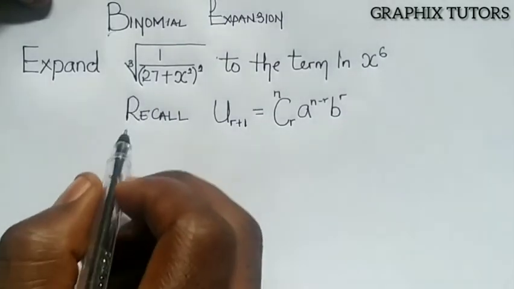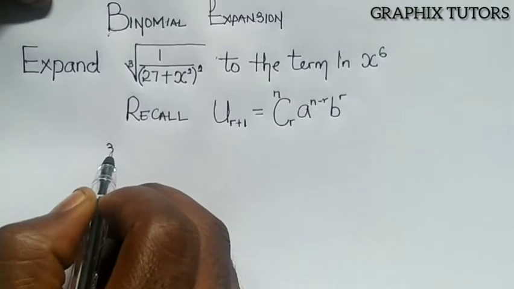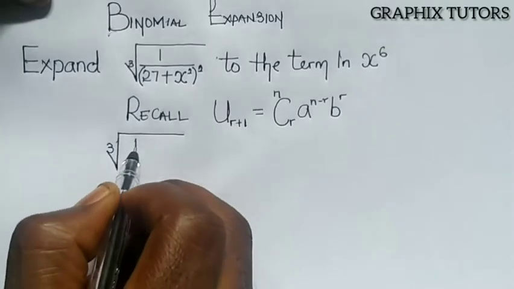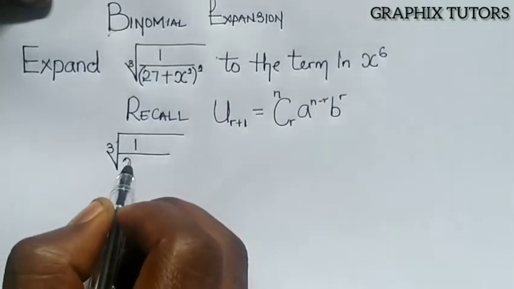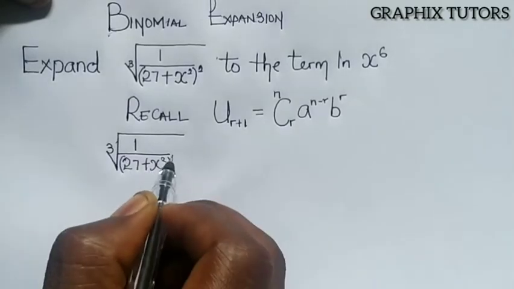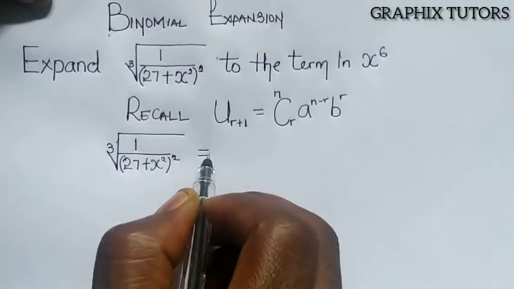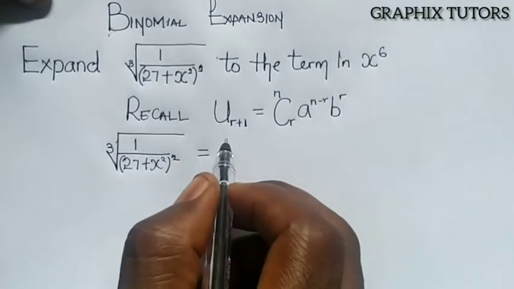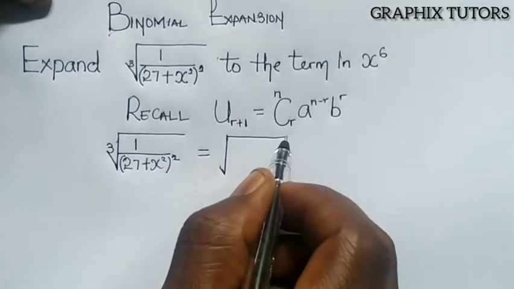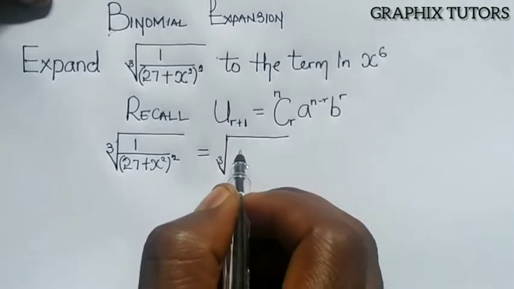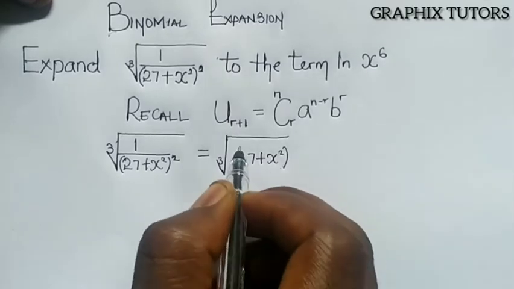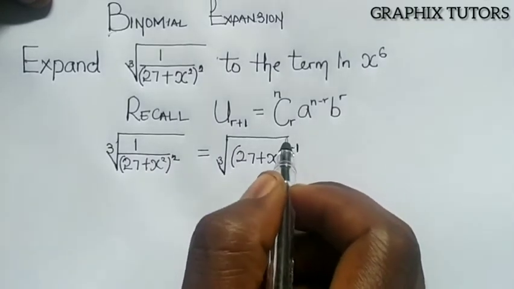It says the cube root of 1 over (27 plus x squared) all squared is the same thing as writing the cube root of (27 plus x squared) to the power of minus 1, minus what?